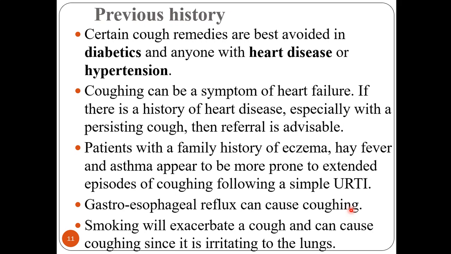So if you take the history and find that the patient has suffered from dermatitis or eczema or even hay fever, it is better to refer him because he may be developing an asthma attack.